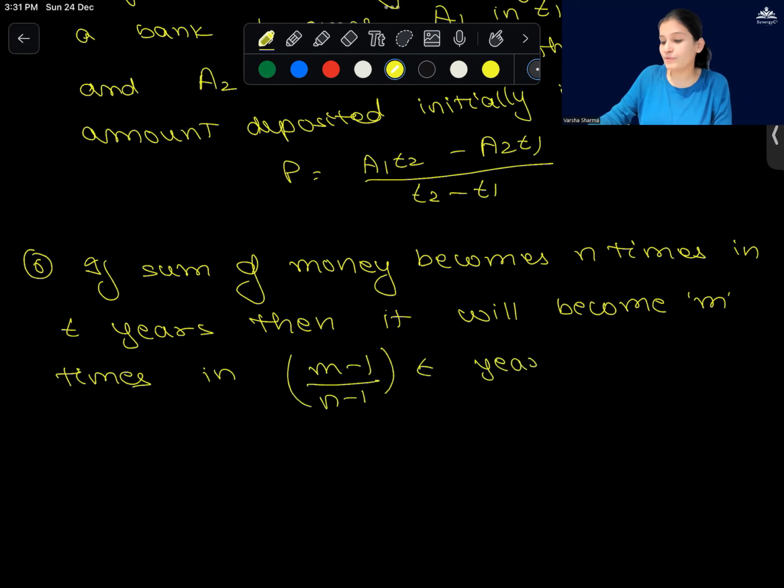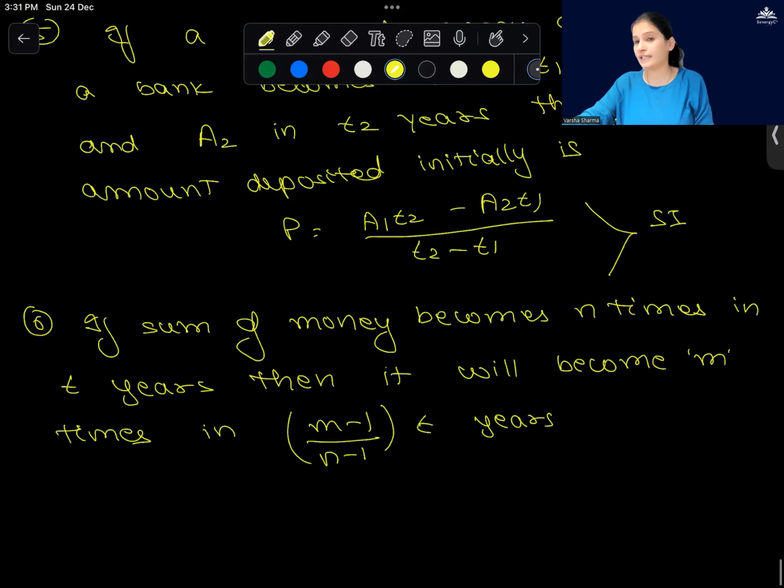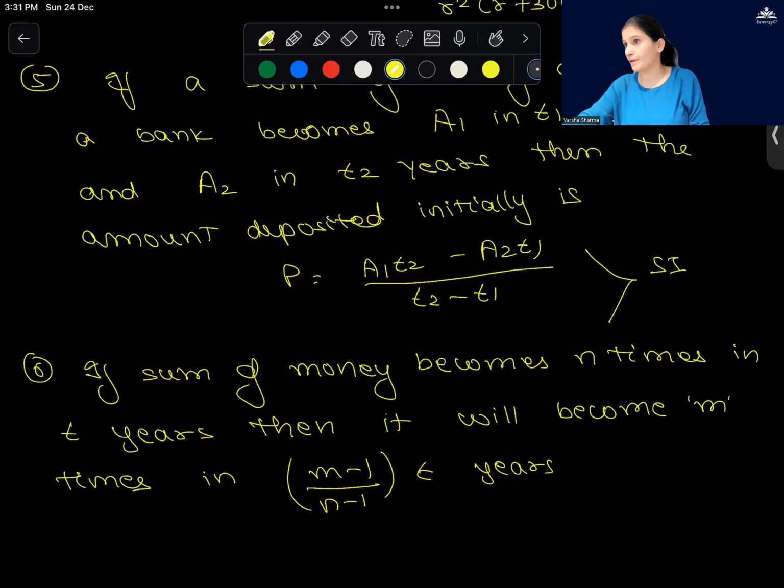The required times will be above, the given time will be below. These concepts are both under SI, not for CI. Both the concepts are for simple interest, not compound. Done? Guys, done? We'll move on to the sums.